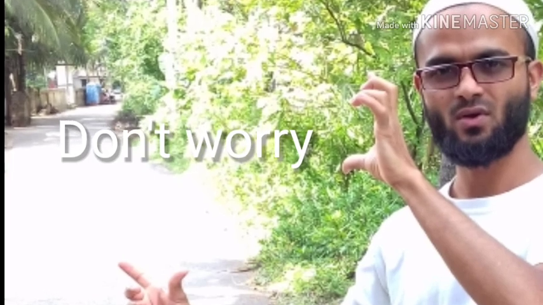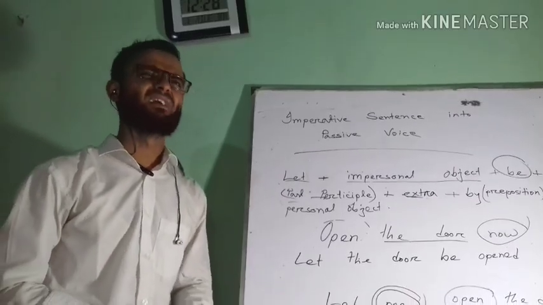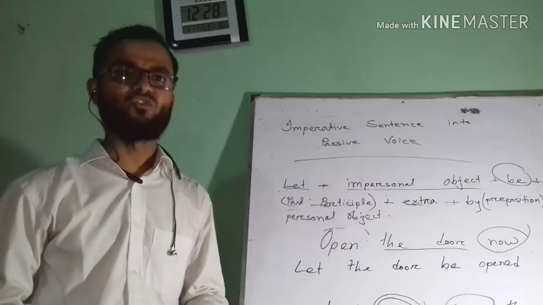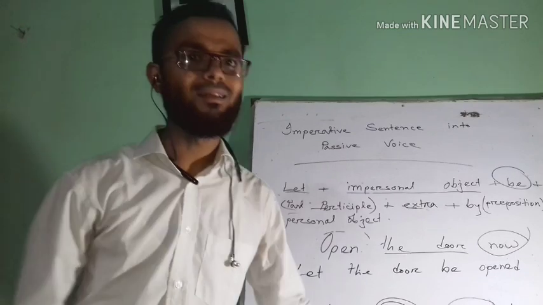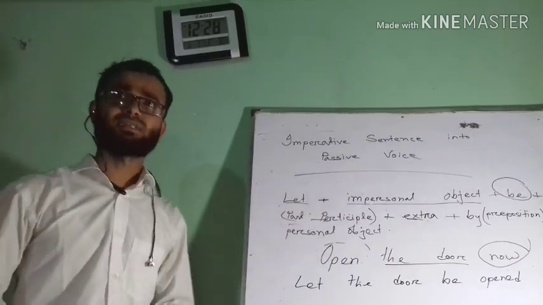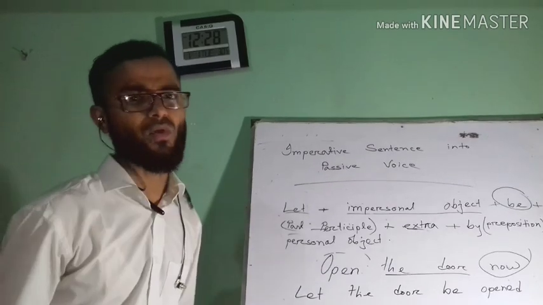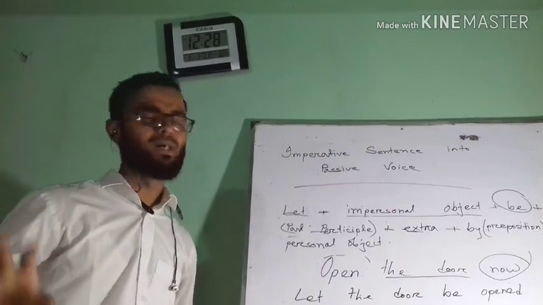There are some exceptions, and I will show them now. You will find some sentences without any object. Don't worry. For example, carry on, go on, don't stop.